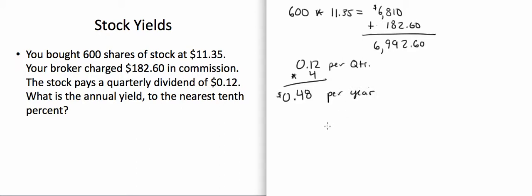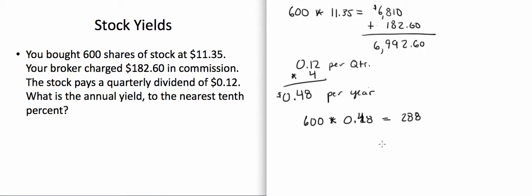So then to figure out our answer here, we're going to take 600 and multiply that by 48 cents because we have to find the amount of dividend per stock, and so that gives us an answer of $288.